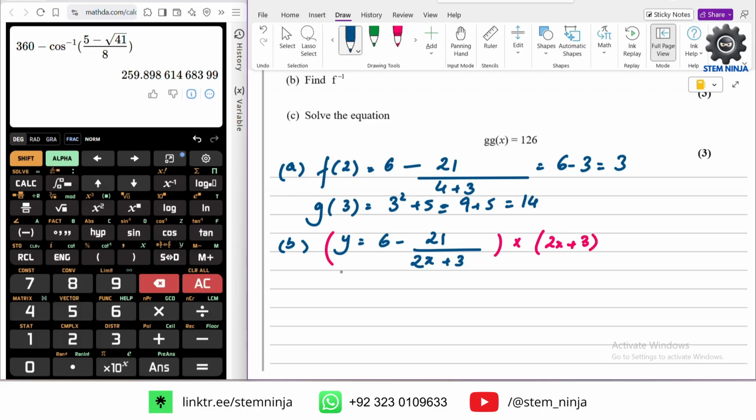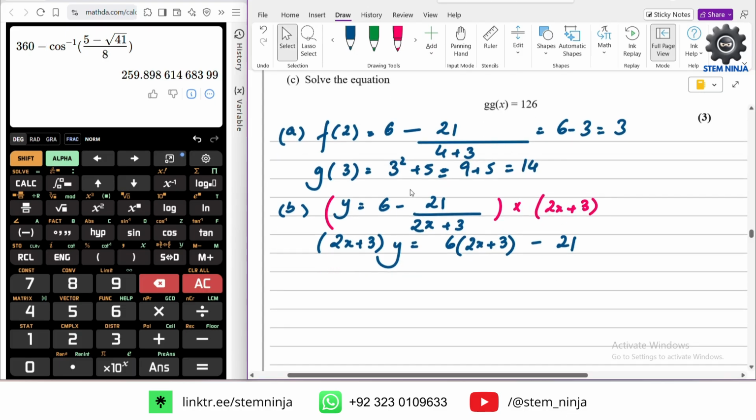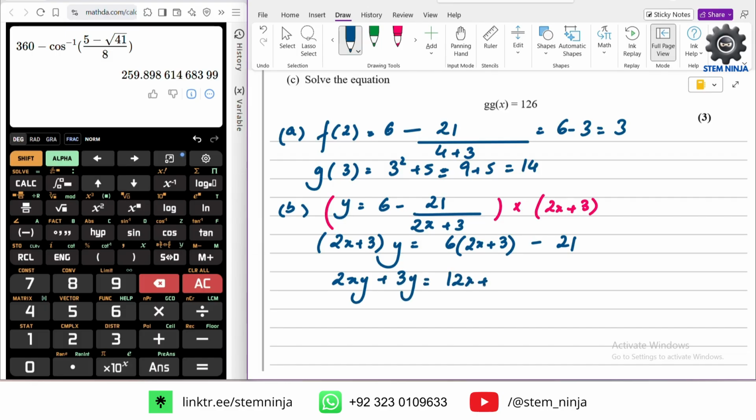So we get 2x plus 3 times y equals 6 times 2x plus 3 minus 21. We will get 2xy plus 3y equals 12x plus 18 minus 21.